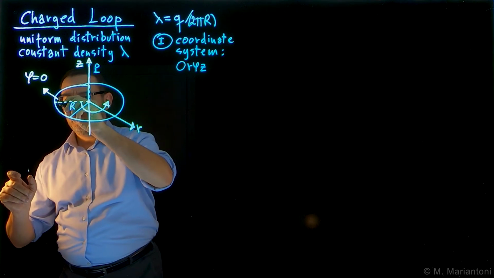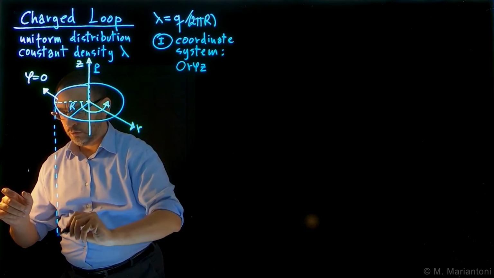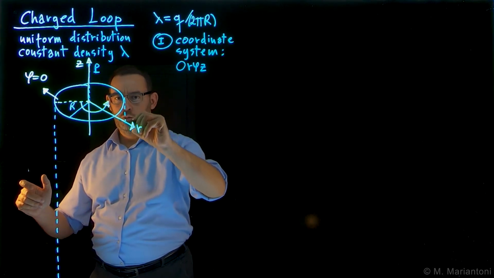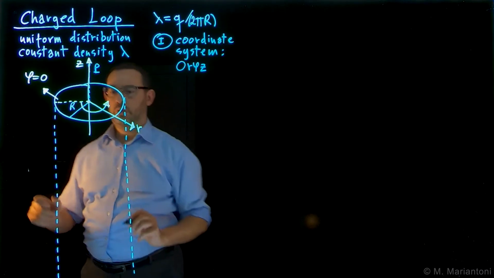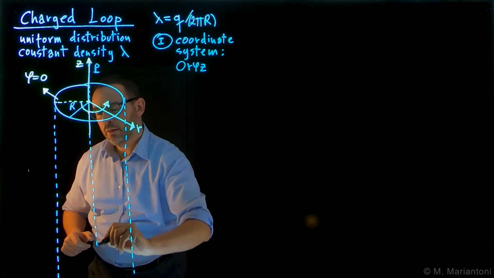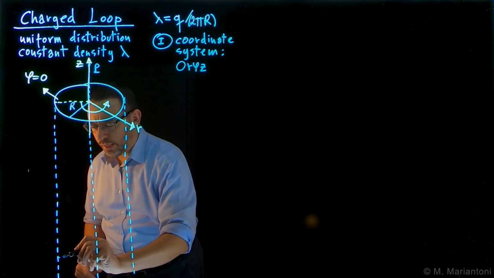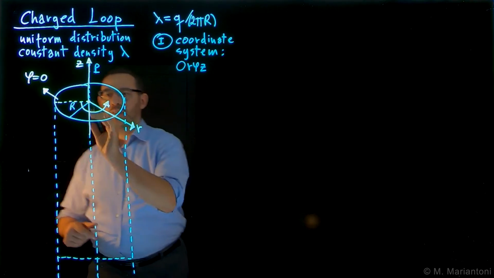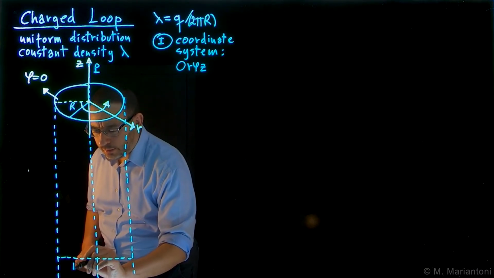Okay, this is the axis where we want to find the electrostatic field. Down here, we're going to have the side view of this loop of charge, where again this distance here is r.